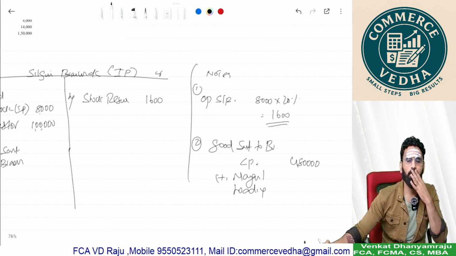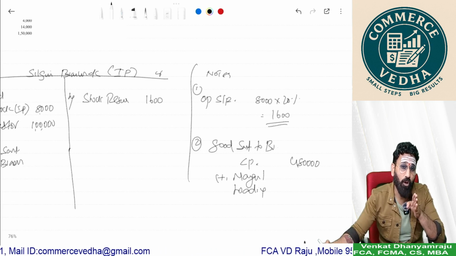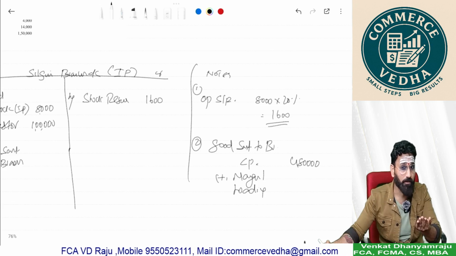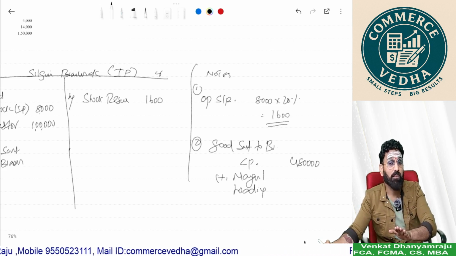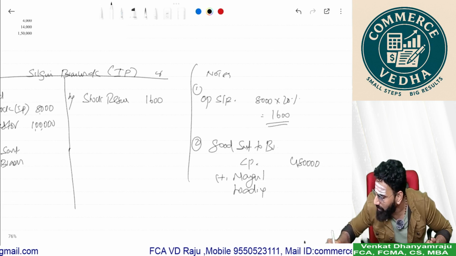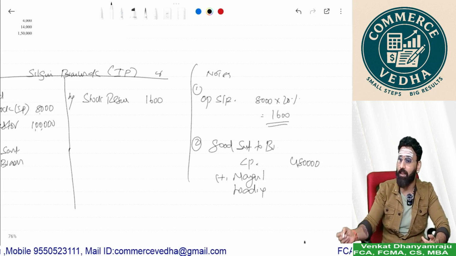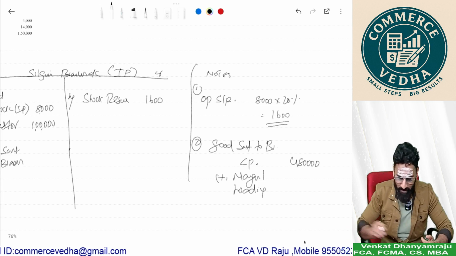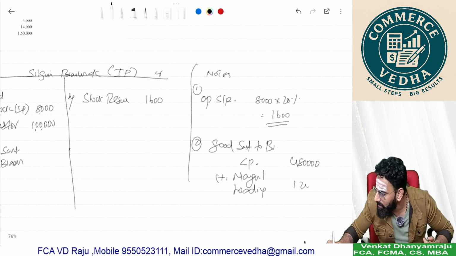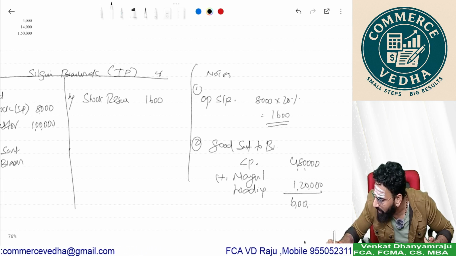We learned that 20% on invoice price means 1/5 on invoice price. 1/5 on invoice price equals 1/4 on cost price. 20% on invoice price equals 25% on cost price. So I'm here adding 25% because the rate is given on invoice price, but I have only cost price. I should add the profit, which is 25% on 4,80,000, that is 1,20,000. So the invoice price is 6 lakhs.